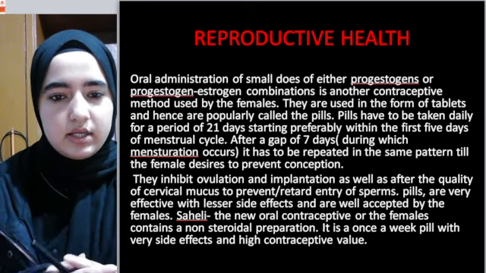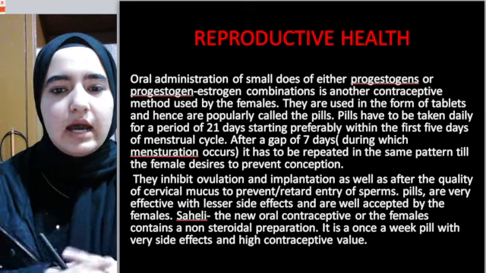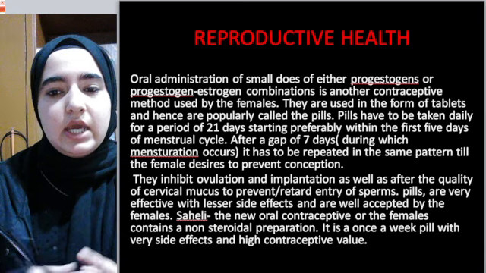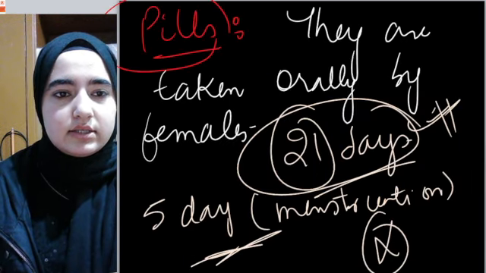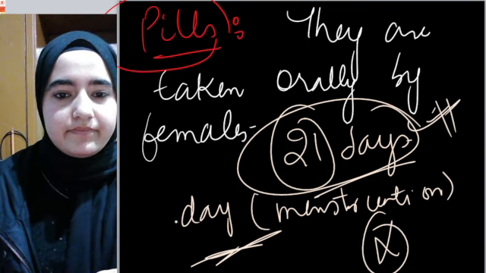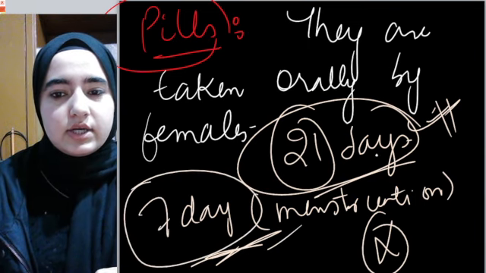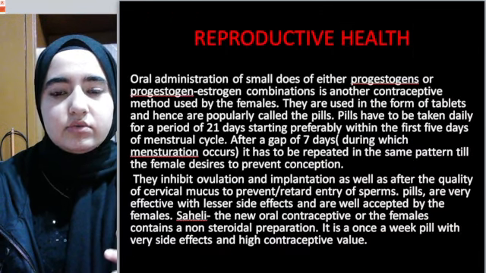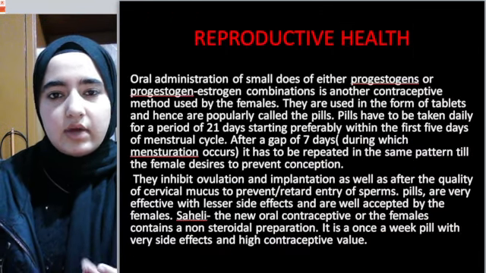After a gap of 7 days, sorry, not 5, 7 days, they should be used again. I'll correct it here. During the period of menstruation, we don't need these pills.